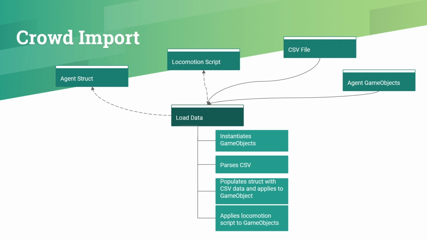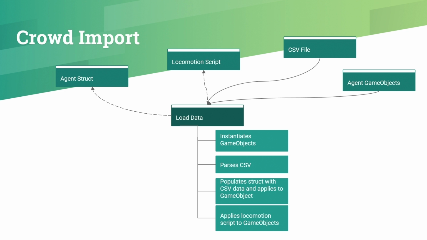So this load data script is sort of my master parser assignment script. I put in my CSV file and whatever game object I'm using as my agent as an input, and my load data script applies an agent struct to each agent and populates it with the CSV data.